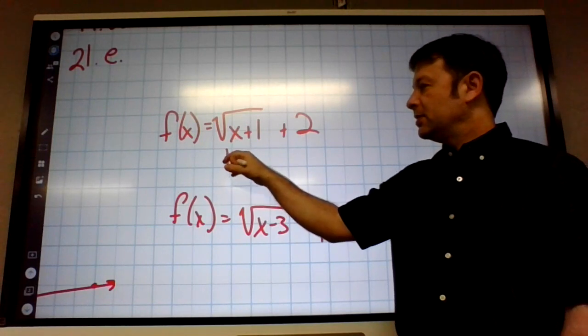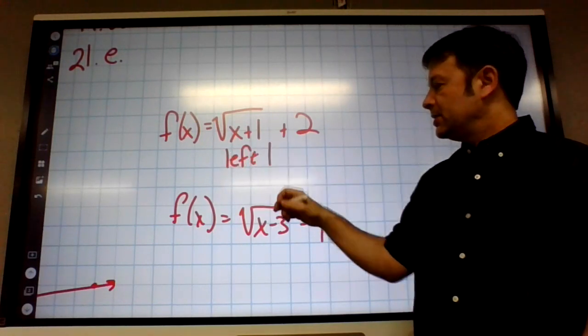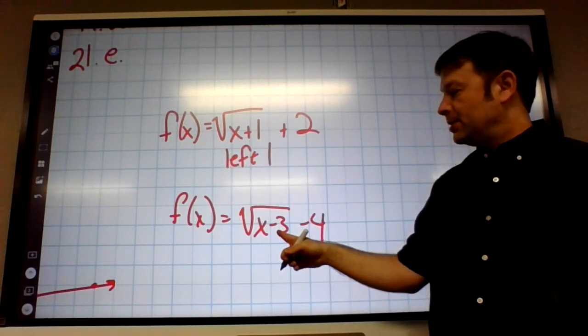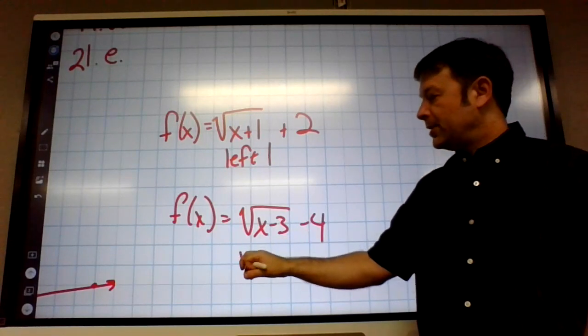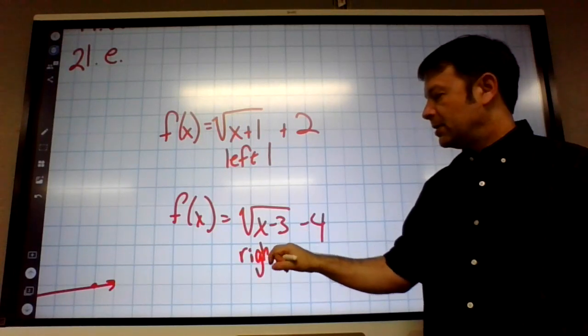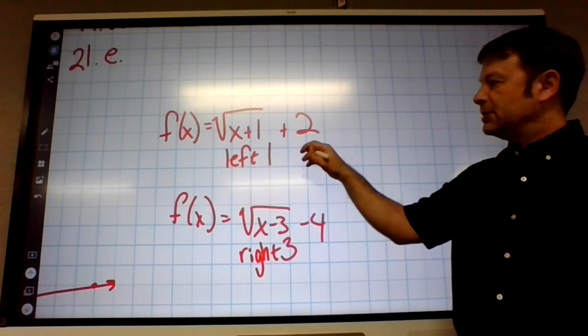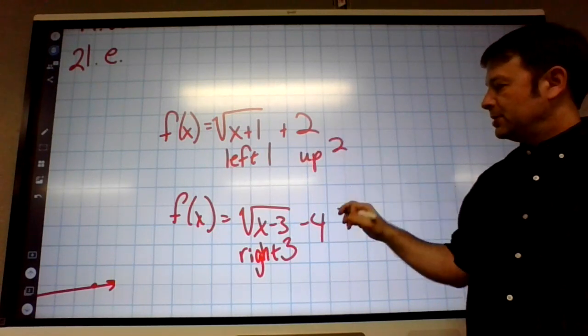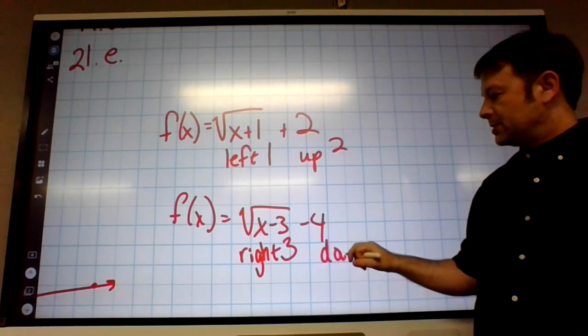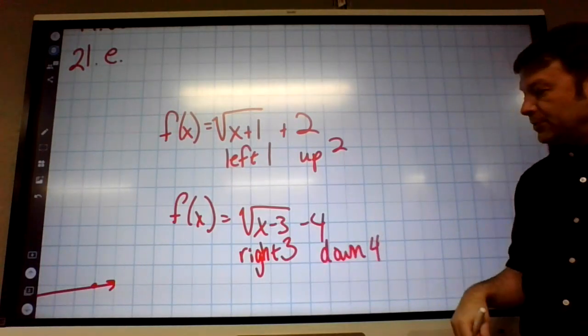Make it go left 1. Right, it's left 1. So that means this would be right 3. Okay, what's the plus 2 out here do? Up 2. So that means this is down 4.